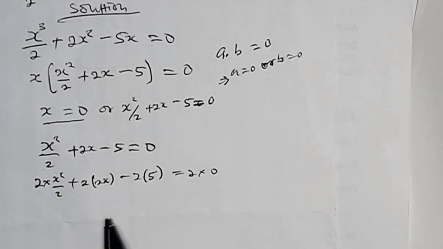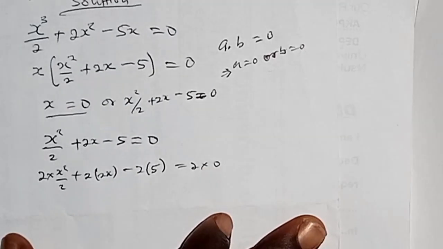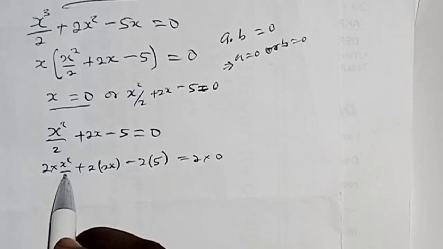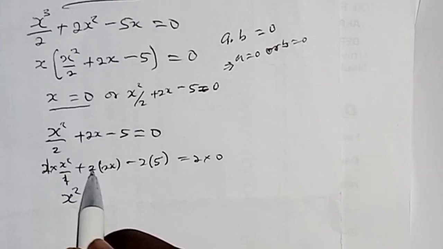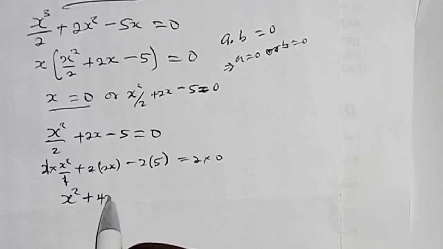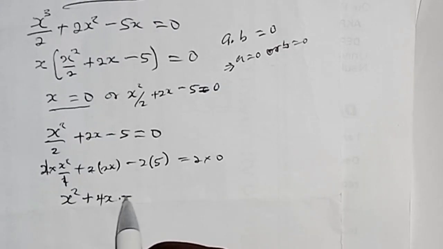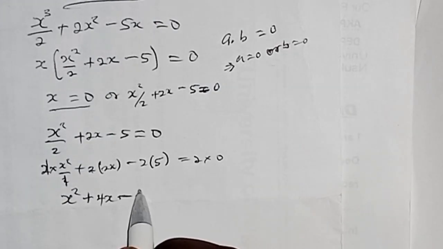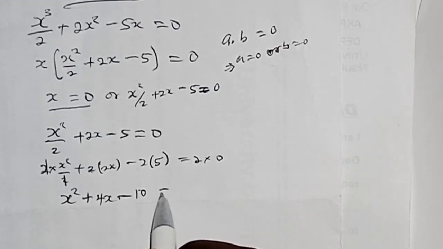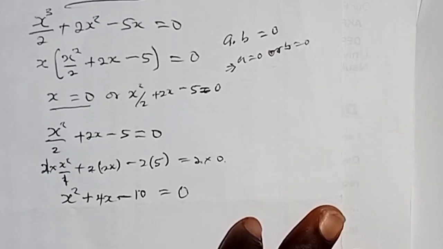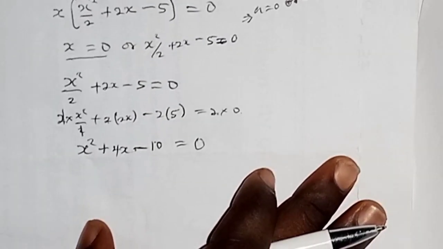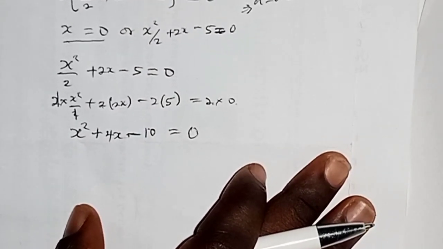So I'm multiplying through by 2. Simplifying, we cancel this. I now have x squared plus 2 times 2x, which gives 4x, minus 2 times 5, which gives 10, and it's equal to 2 times 0, which gives 0. So this is my new equation, and of course, as you can see, this is a quadratic equation.